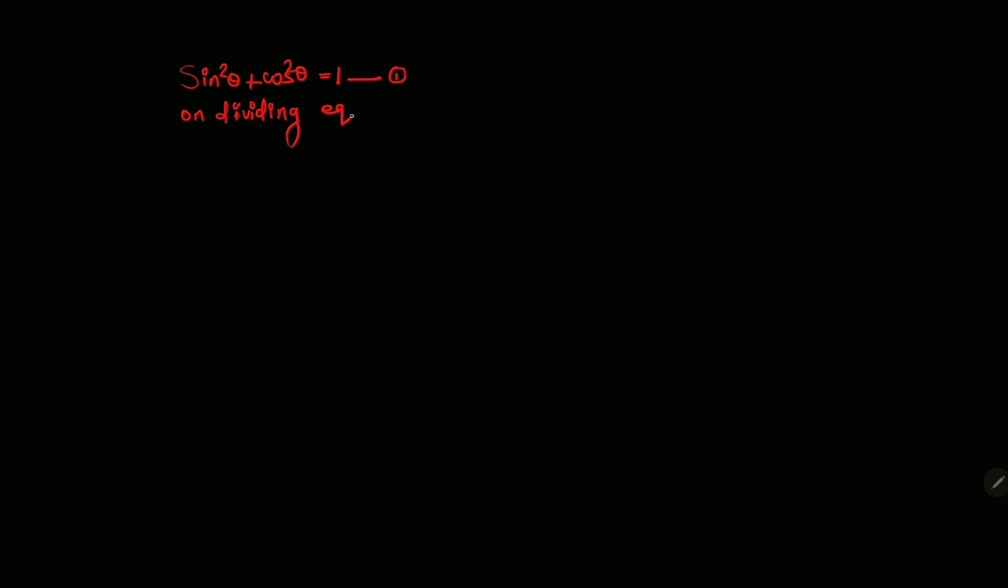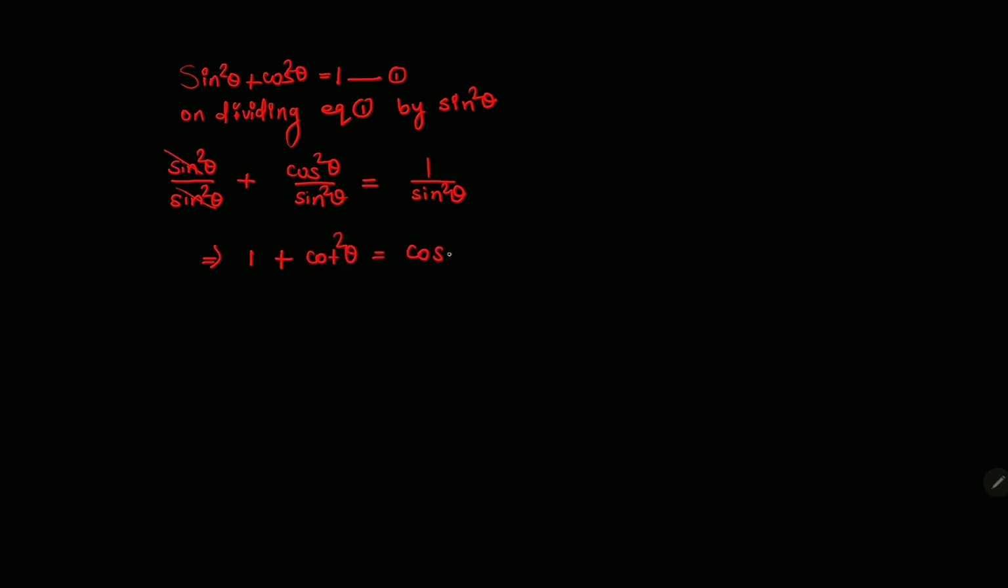On dividing equation 1 by sin square theta, I will have cos square theta upon sin square theta, 1 upon sin square theta. Cos upon sin is cot, 1 upon sin is cosec. So this is identity 2.